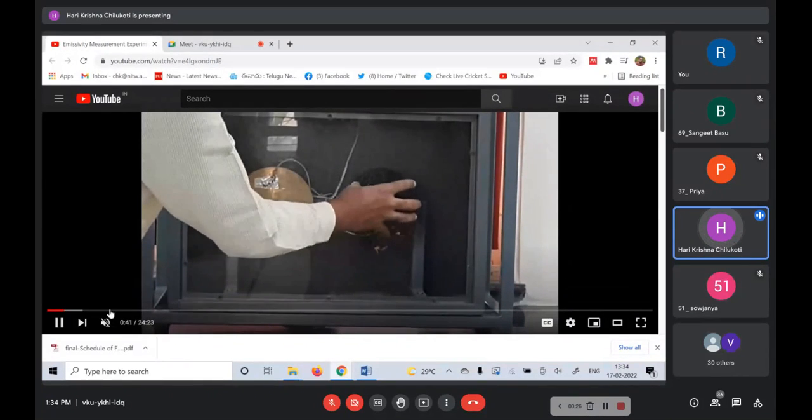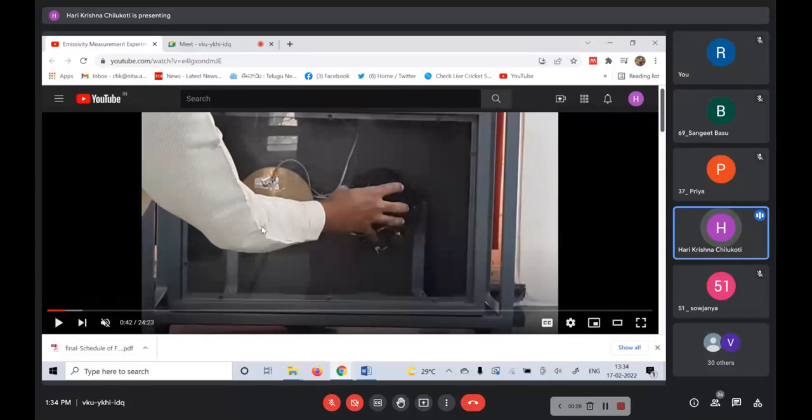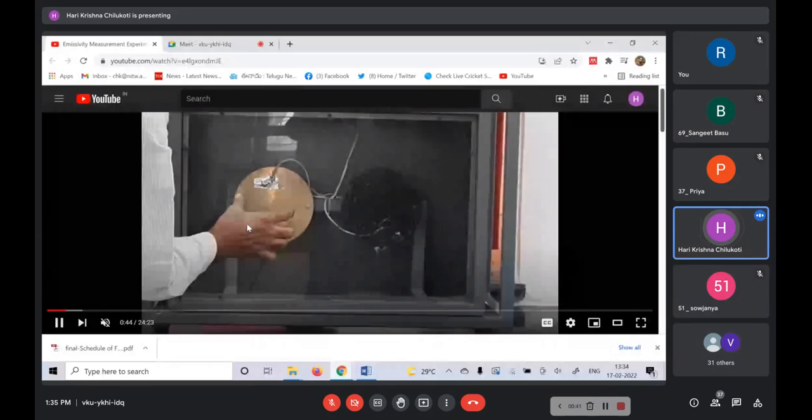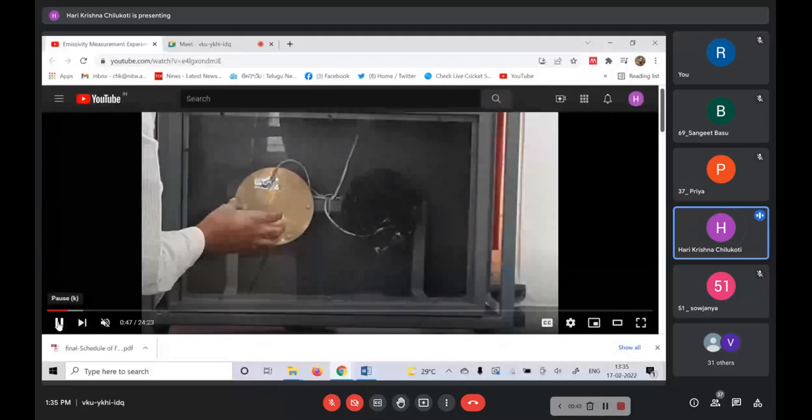As for the constructional details, what we have here are two plates made of aluminum, and these two plates are mounted on a frame. So this is the plate surface for which we are going to measure the emissivity.